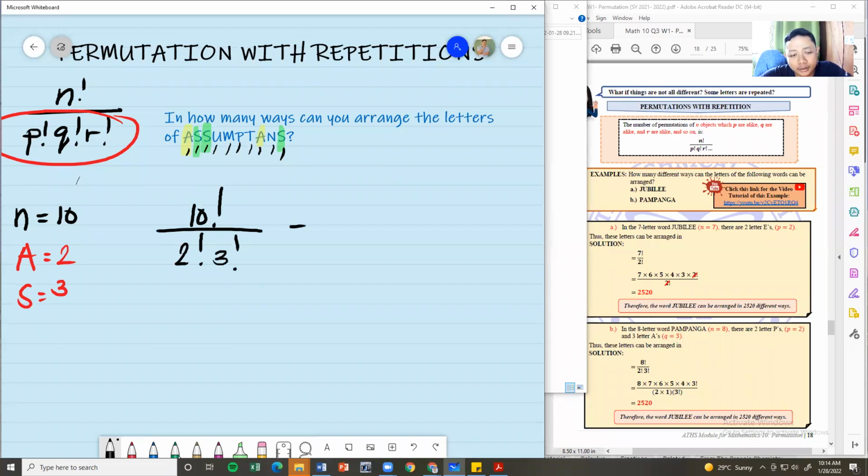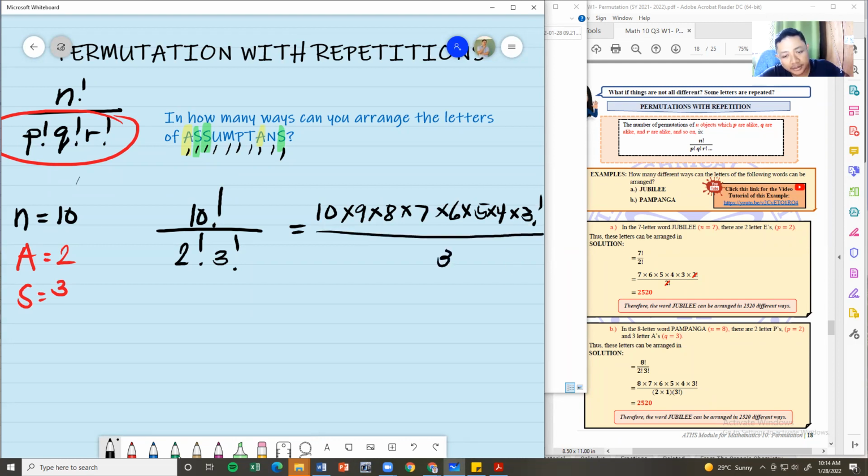We did this a while ago in one of our exercises. So we have 10 factorial: 10 times 9 times 8 times 7 times 6 times 5 times 4 times 3 factorial, because 3 factorial is the largest I can divide by. Divided by 3 factorial, so automatically I can cancel this.